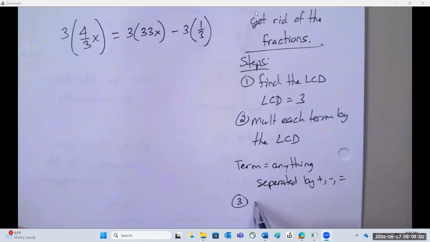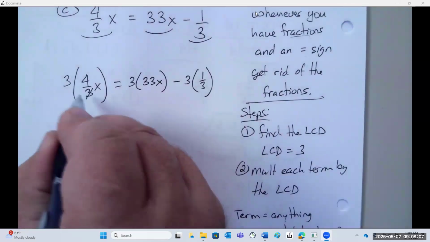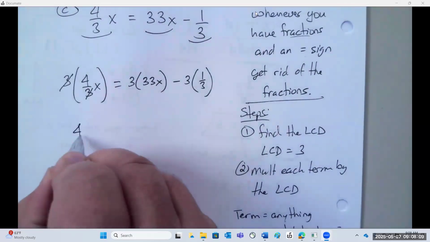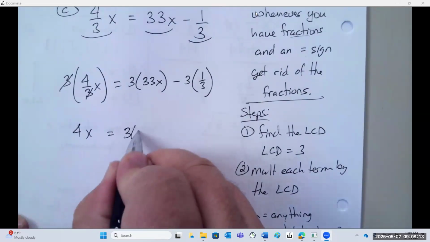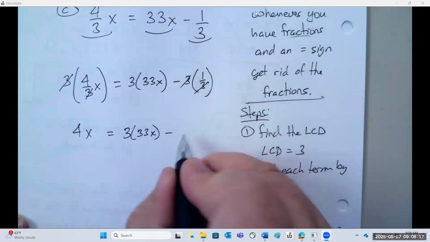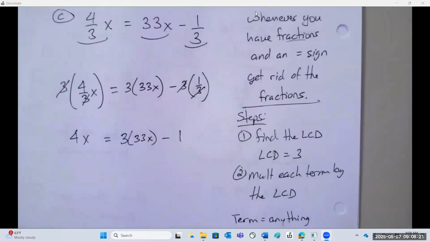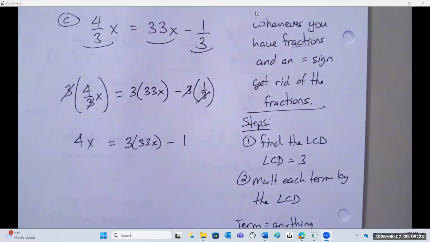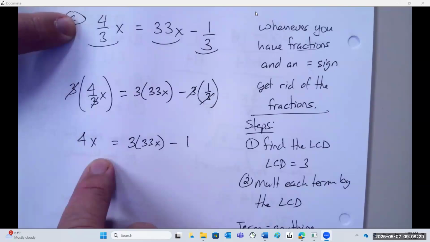Step 3. Cancel. So the 3's cancel. So we have 4x. 3 times 3x. And the 3's cancel. We're just left with 1. Out of the first and last equations, which one looks easier?